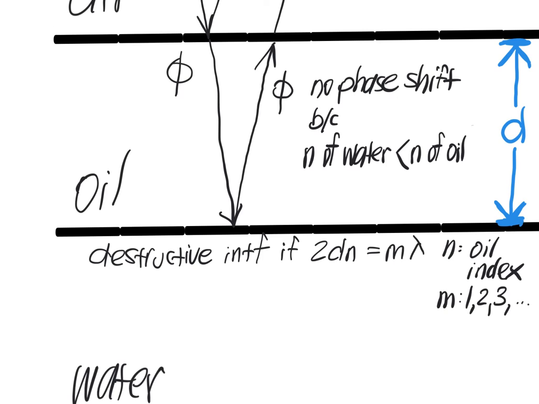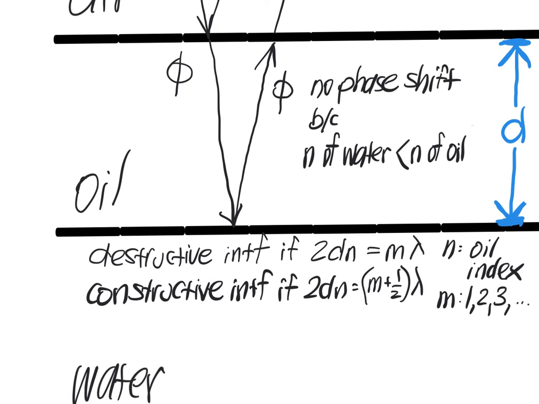Now you can also get a constructive interference condition if instead of whole wavelengths, you get half wavelengths. So that would be M plus a half, so it's like 1.5, 2.5, 3.5. Which kind of makes sense because of the way I explained it earlier.